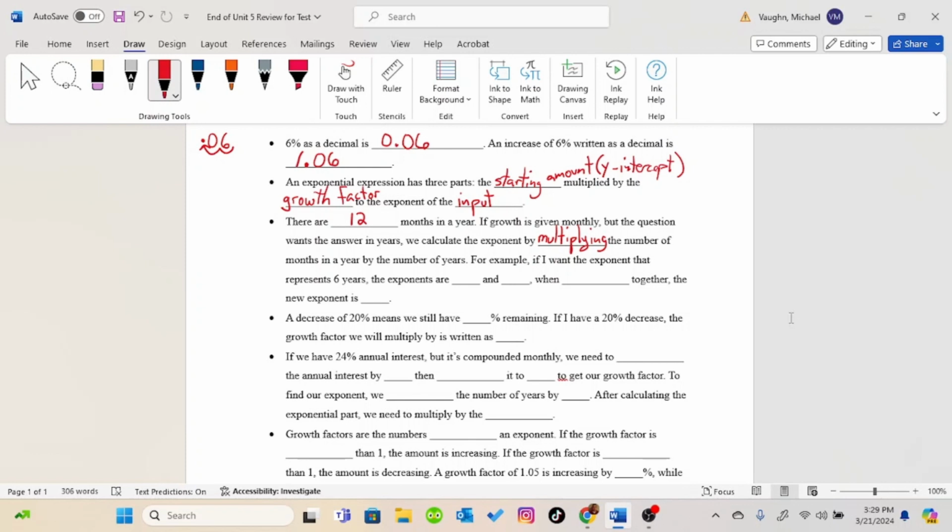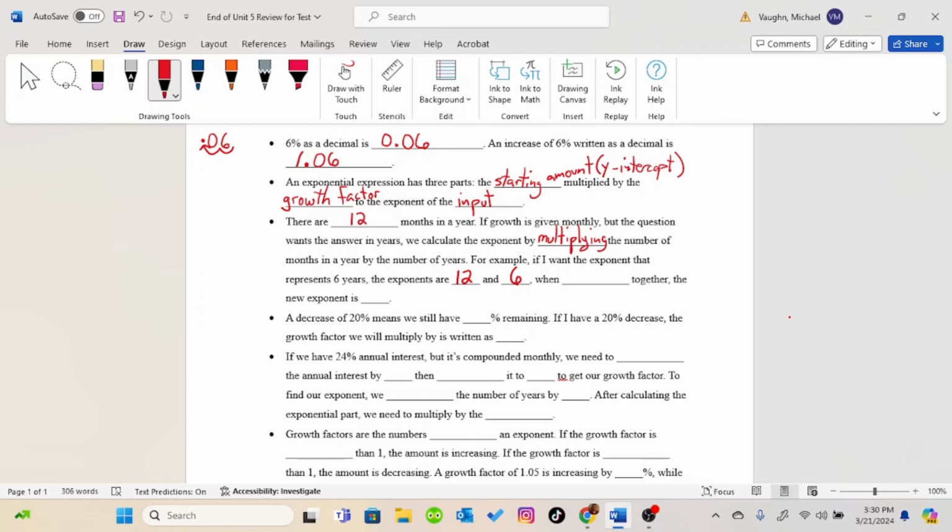For example, if I want the exponent that represents 6 years, the exponents are blank and blank. So first you're going to have the exponent of 12 to represent the 12 months that you're compounding, and you're going to multiply it by 6 so that you can get the total.